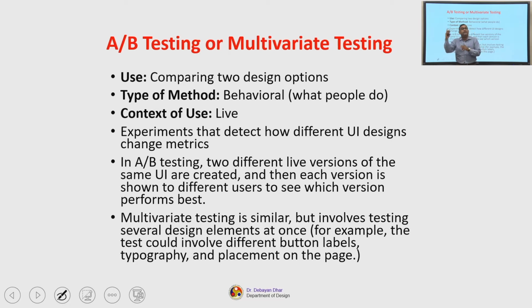It can be between the old one and the new one, or between a new concept A versus new concept B. So, two different live versions of the same user interface are created, and then each version is shown to different target audiences or users to see which version is performing the best.